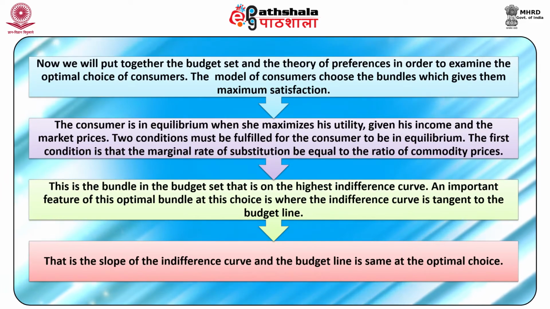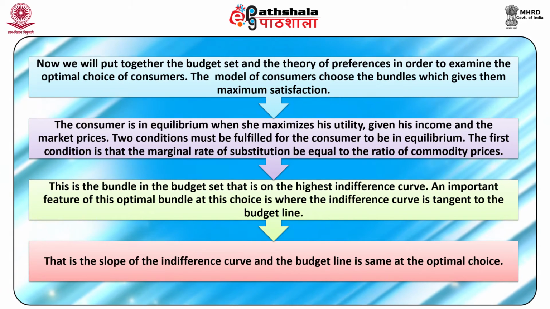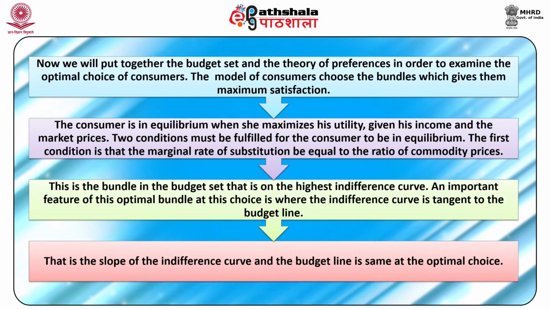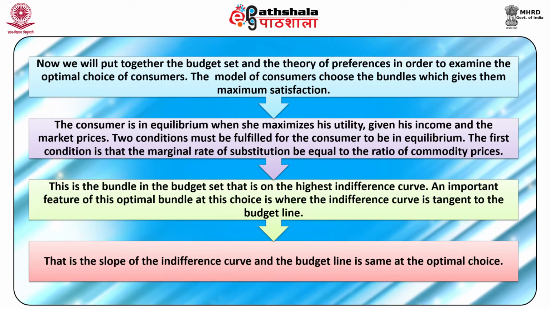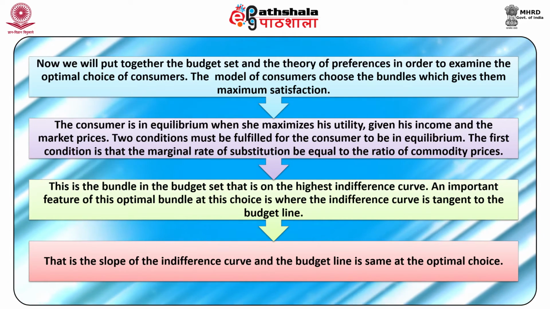We now put together the budget constraint, the budget set, and the theory of preferences in order to examine the optimal choice of the consumers. The economic model of consumer choice is that people choose the best bundle.